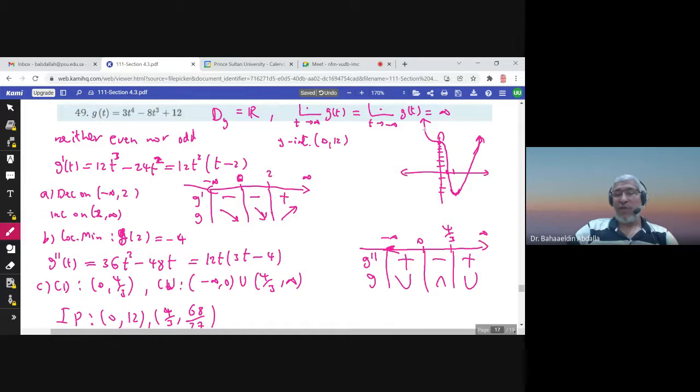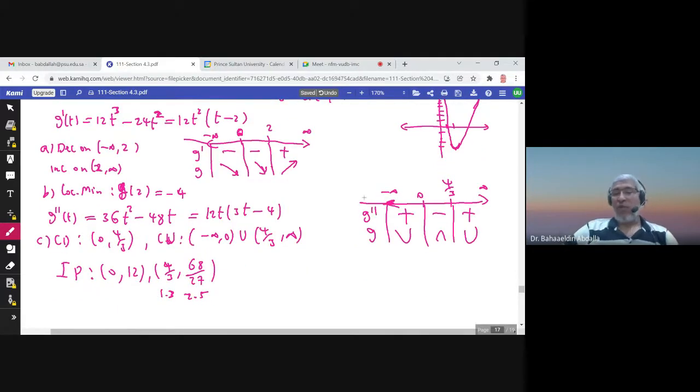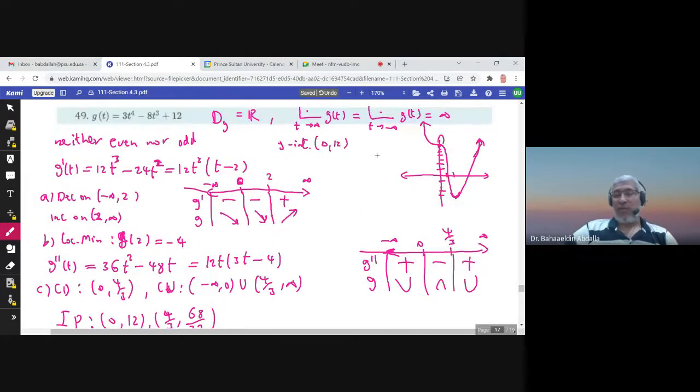So here, concave up before 0, and after 0, concave down. That's excellent. And then the point 1.3, so if this is 1, is this 1? No, the local minimum is at 2, so this is 2.